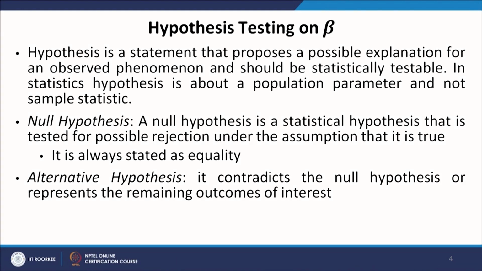The second type is the alternative hypothesis. It contradicts the null hypothesis or represents the remaining outcomes of interest. So, the null hypothesis is the void hypothesis which we generally expect to reject, while the alternative hypothesis is the one that we are expecting to come out.